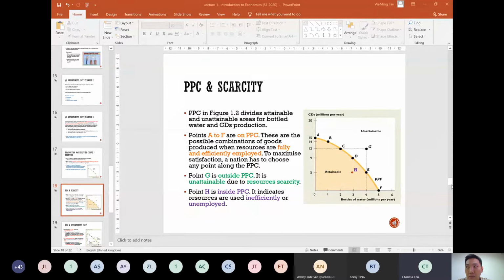Labor and capital. Labor was already mentioned by Ashley. Any more? Remember, we have studied 4 factors of production, right? These four factors of production are the limited resources, the scarcity of resources. So there are four scarce resources, in fact.